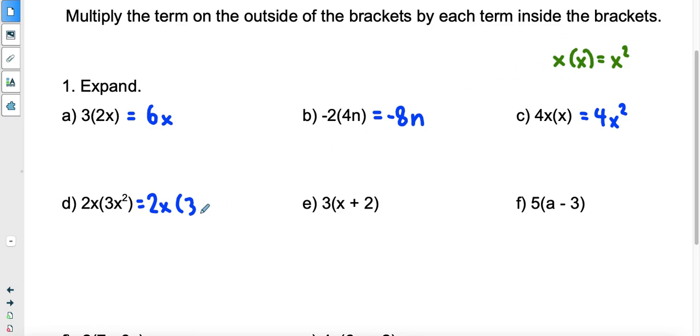We just saw that. And guess what? We have a 2 times 3 here. 2 times 3 is just 6. We're also multiplying x by itself 3 times. If we multiply x by itself 3 times, that's just x cubed. So my answer here is 6x cubed.